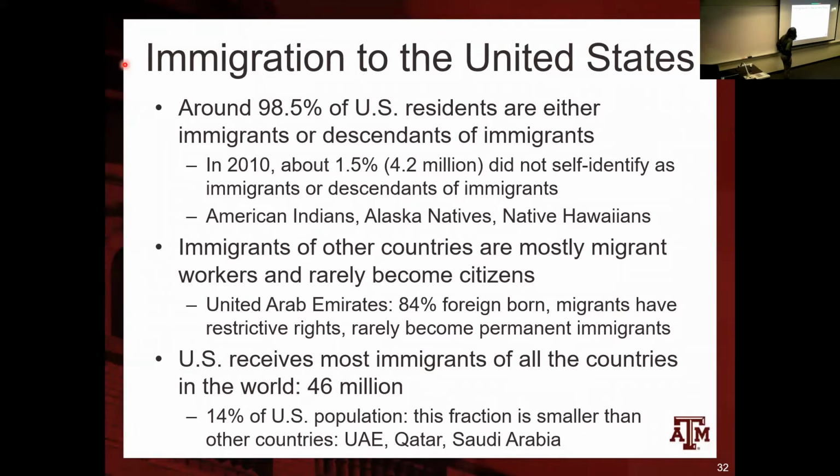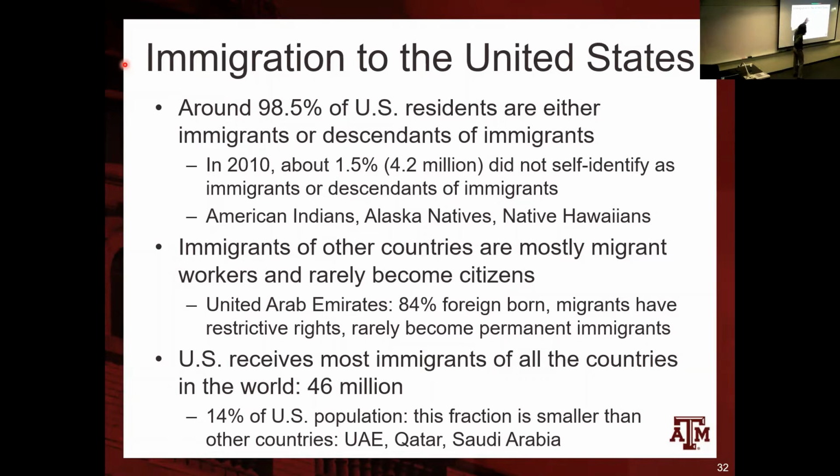In 2010, about 1.5% did not self-identify as immigrants or descendants of immigrants. So whenever people answered the question about race and ethnicity in the 2010 census, they reported some sort of being descendants of immigrants coming from other countries. American Indians, Alaska Natives, and Native Hawaiians are the ones considered to be non-immigrants in the US.